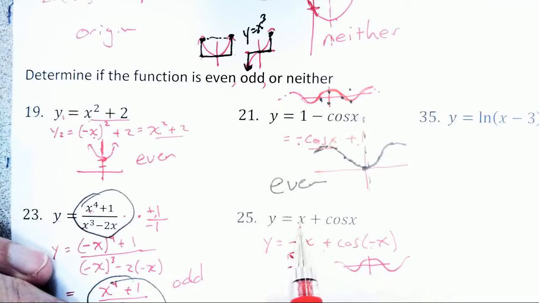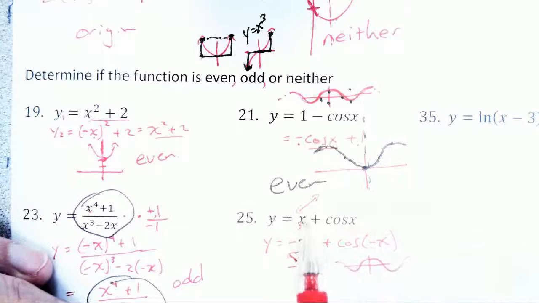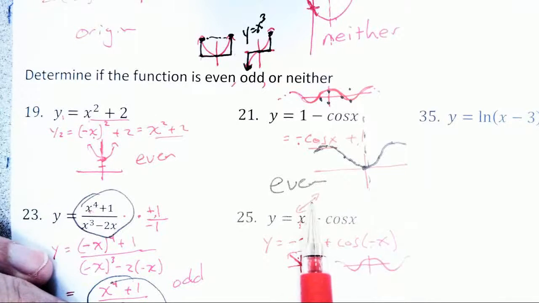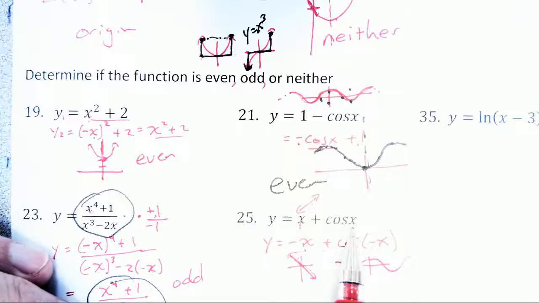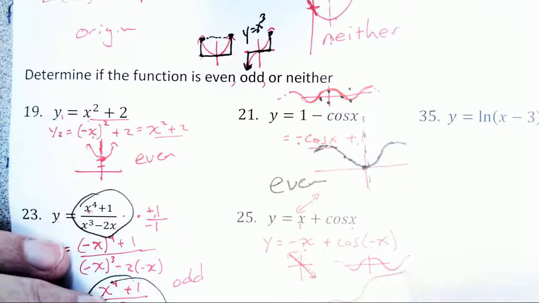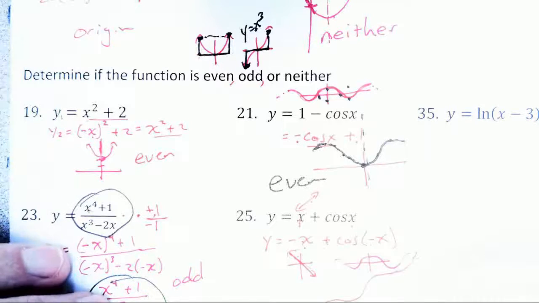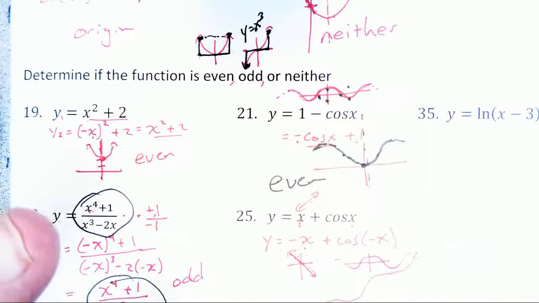By the time I put 100 in here for x, my graph's going to be 100 plus whatever cosine of 100 is. So it wants to kind of be a cosine graph doing something like that, moving up in an x-ward direction. So it most definitely is not even.